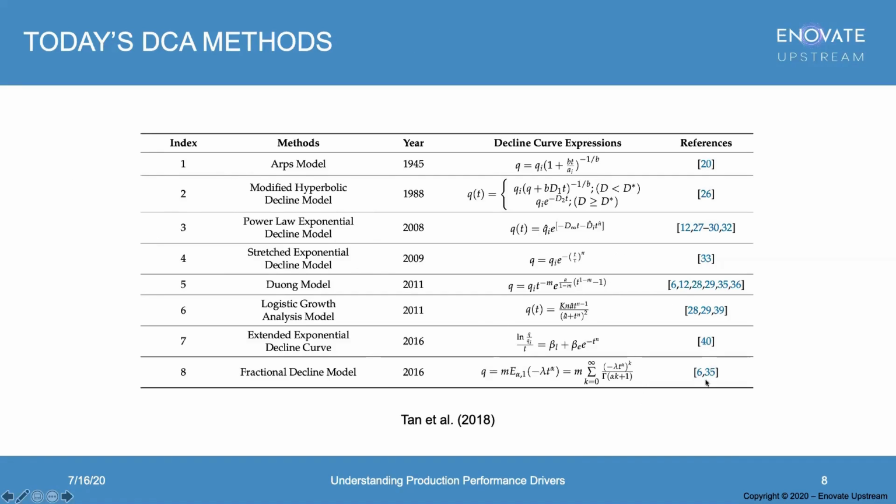But notice that in every single one of these models, you only have curve fitting parameters with conditionals, with some restrictions for time-wise, some power laws over here, but really you are not inputting any information about your reservoir.